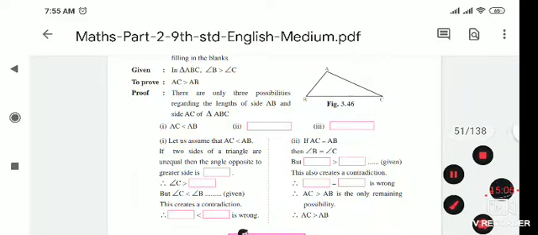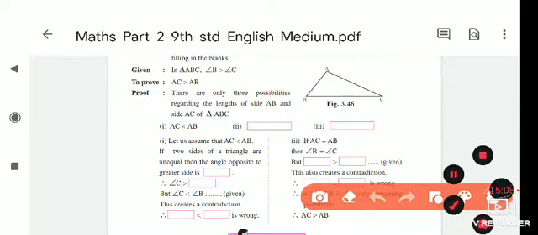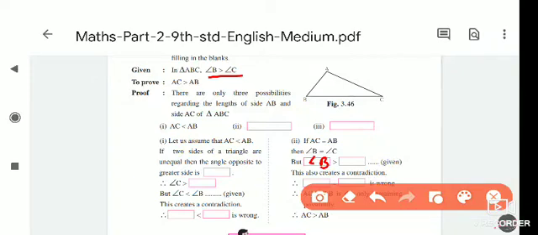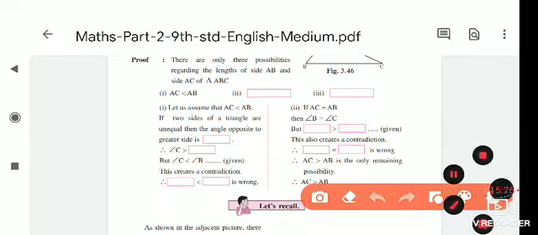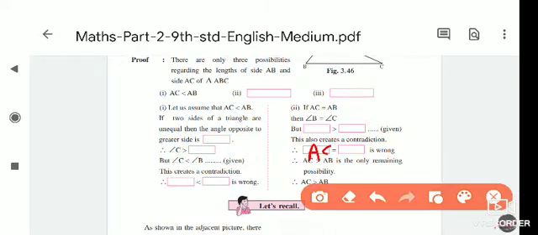So angles B and C are equal, but here it is given that angle B is greater than angle C. Therefore this also contradicts the given, and that's why our statement that AC is equal to AB is also wrong.